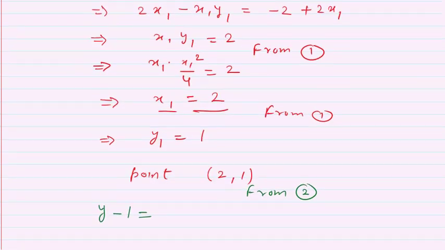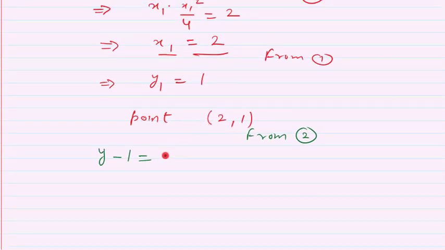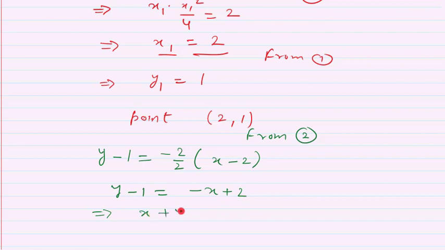So putting the value of x1 over here, we are having minus 2 upon 2 into x minus x1, that is x minus 2. So the equation is y minus 1 is equal to minus x plus 2. So ultimately the equation is x plus y is equal to 3, which is the required equation of the normal.